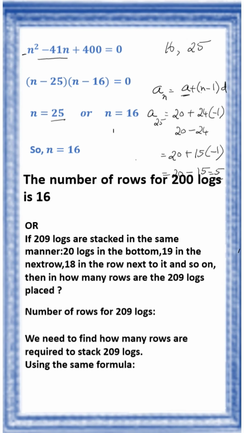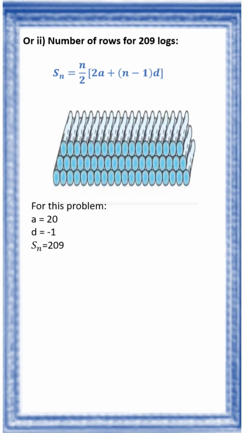We need to find how many rows are required to stack 209 logs using the same formula, that is Sn is equal to n by 2 into 2a plus n minus 1 into d. What is a? 20. What is d? Negative of 1. Sn is 209. So now let us substitute the values. 209 is equal to n by 2 into 20 plus n minus 1 into negative of 1.